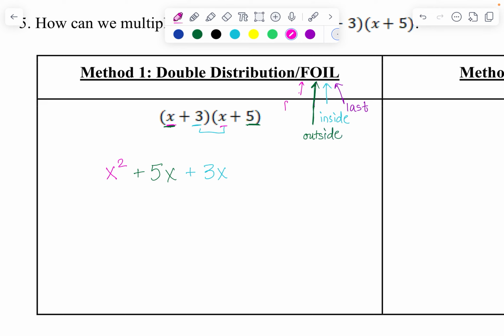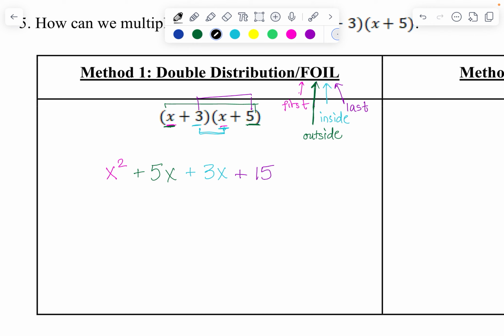And F means first. Okay, so your outside terms are going to be your x times 5. Your inside terms is your 3 times x. And then your last terms is 3 times positive 5. Yep, take the sign with it. That's positive 15. But we're not done yet.